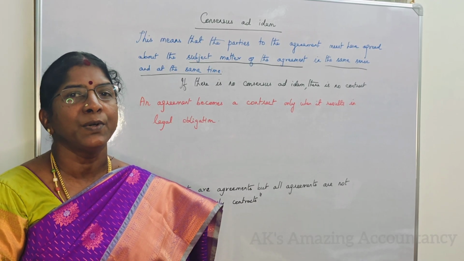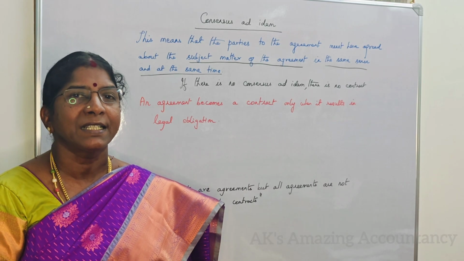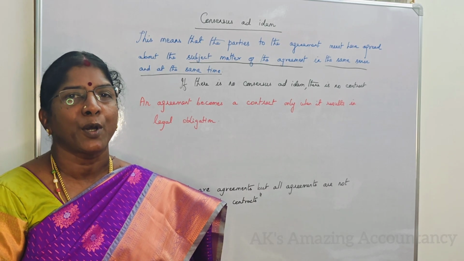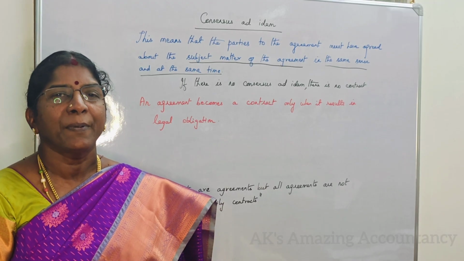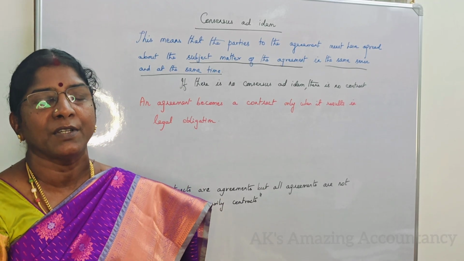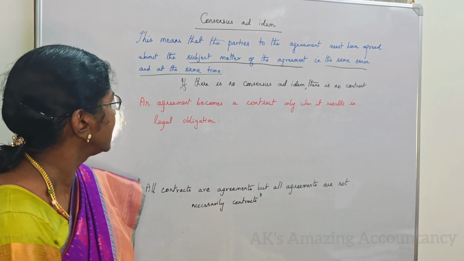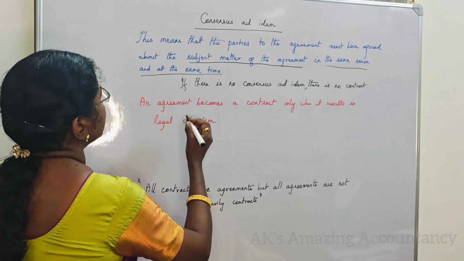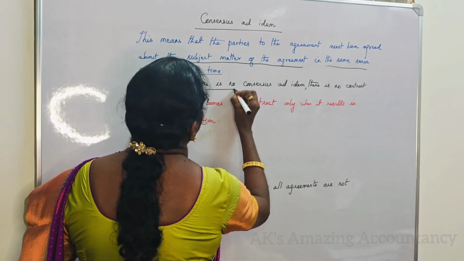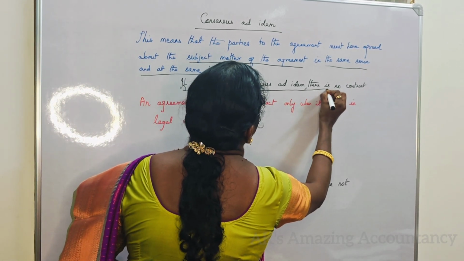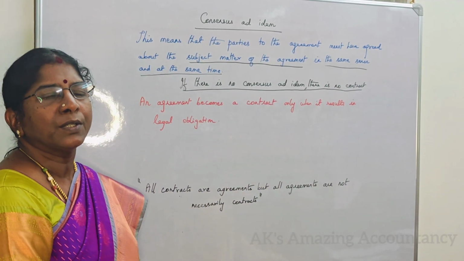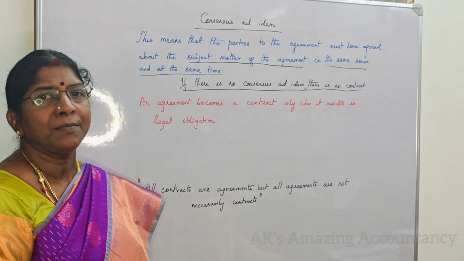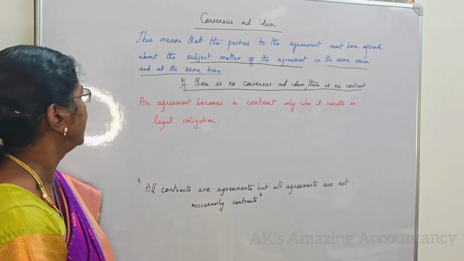So there is no consensus ad idem and this cannot result in a proper acceptance. So what is very essential is the presence of consensus ad idem. That is why it is said that if there is no consensus ad idem, there is no contract. Only if there is consensus ad idem can there be a valid contract.